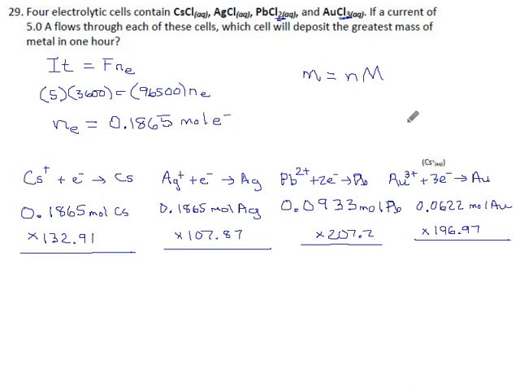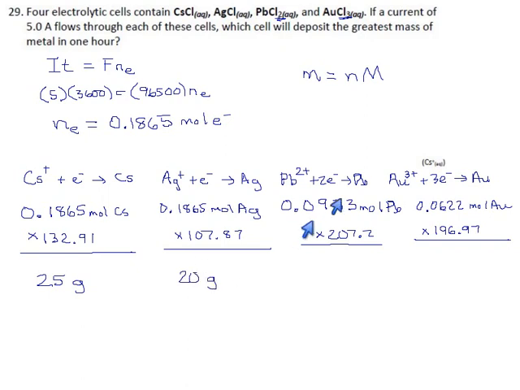Okay, now we do a lot of multiplying. 0.1865 times 132.91 gives us 24. These are only 2 sig digs, aren't they? So yeah, if I round that, it's actually 25. I got 24.78, but to 2 sig digs, it's got to be 25 grams of cesium. For silver, 0.1865 times 107.87 gives 20 grams of silver.